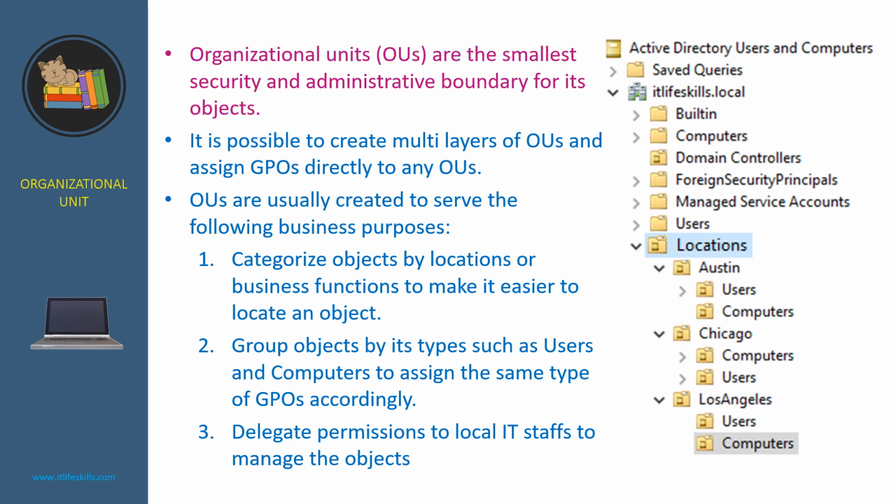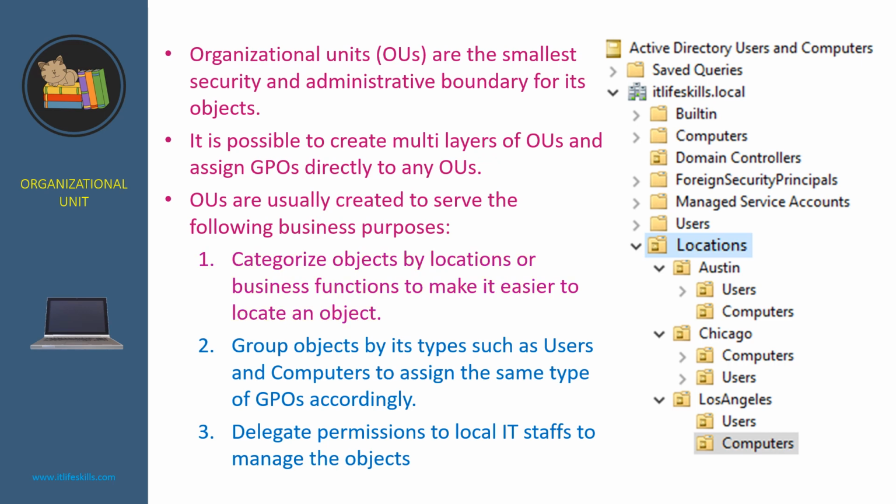Organizational units, or OUs, are the smallest security and administrative boundary for its objects. It is possible to create multiple layers of OUs and assign GPOs directly to any OUs. OUs are usually created to serve the following business purposes.